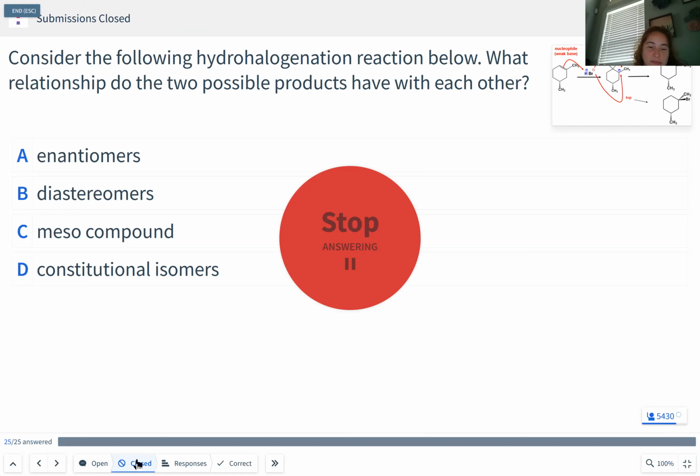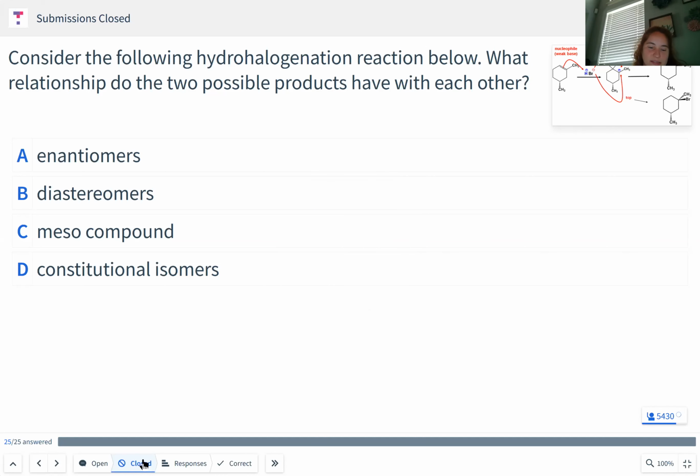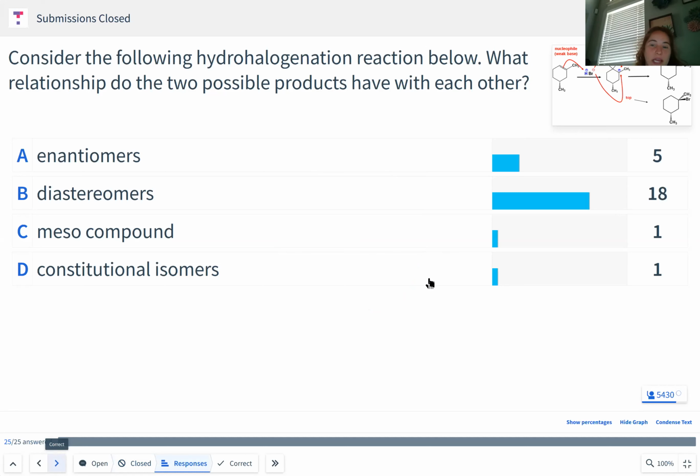I pushed the close button about 10 seconds ago and it's still saying stop answering. Cool, cool. I know it looks like I'm just hovering over the button, but I swear I pushed it. Oh no. Guys, come on.